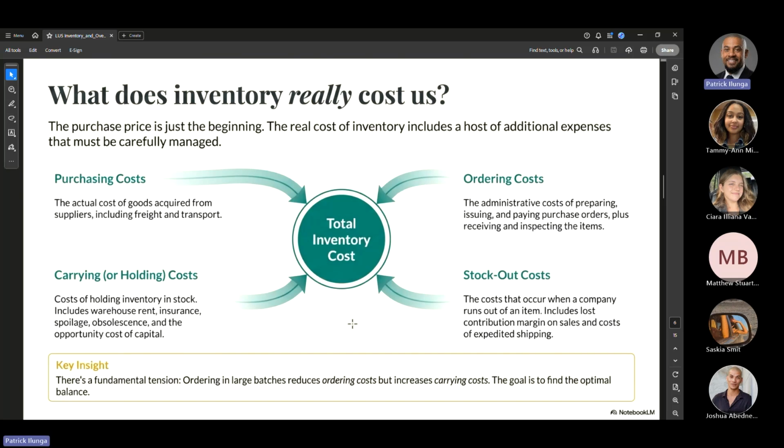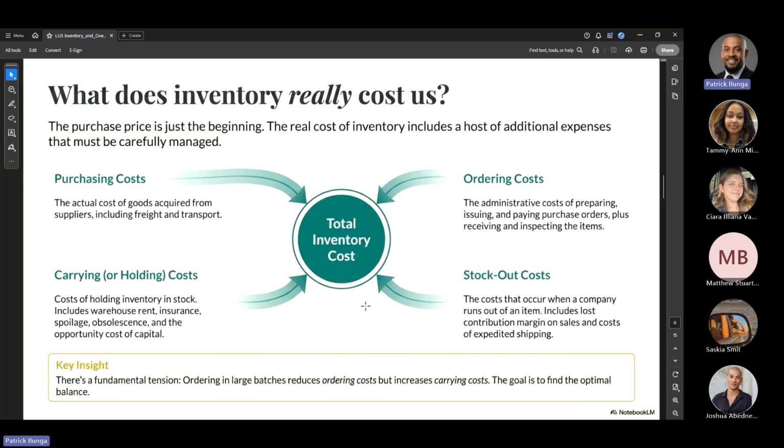But two things I want you to keep are the ordering cost and the holding cost. These two are very, very important, especially when we talk about the number two objective of this evening, which is that we need to find out what would be the optimal balance, right? To make sure that we are minimizing costs.